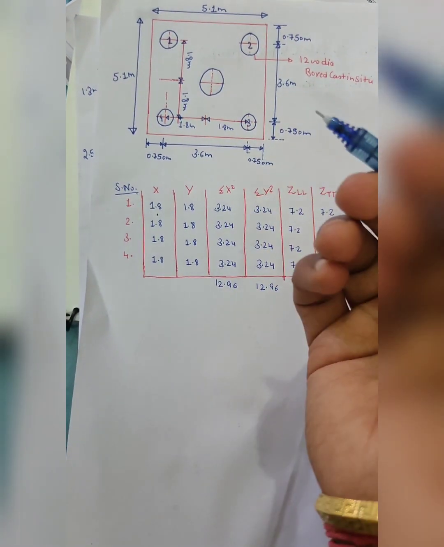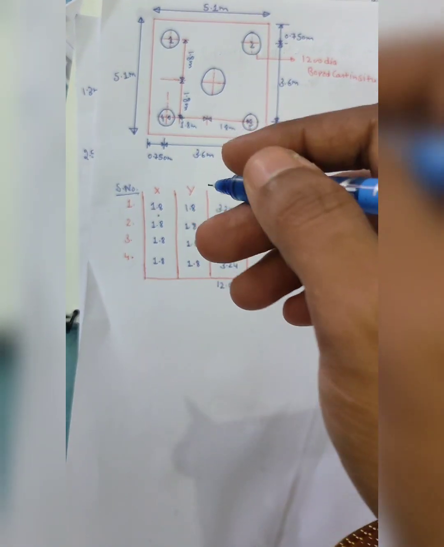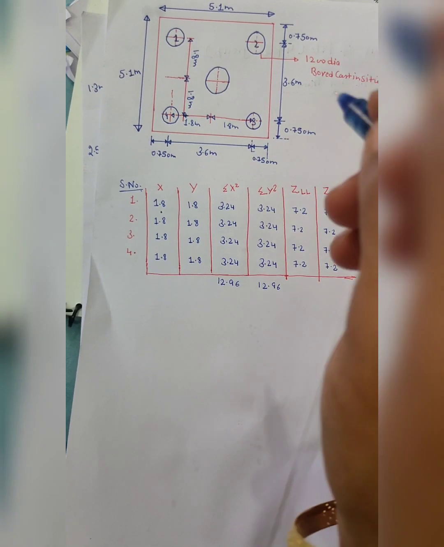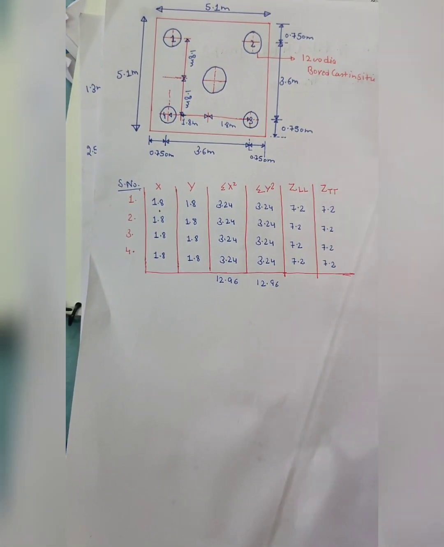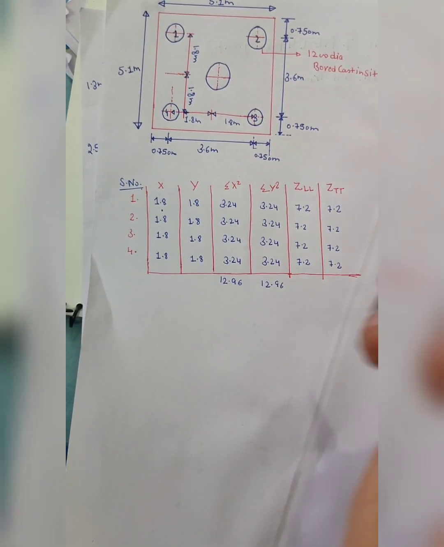Here you can take these as negative or positive, but in the next step when you square them, they automatically become positive, because negative into negative becomes positive in a square.